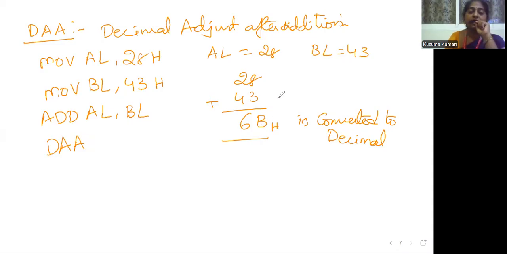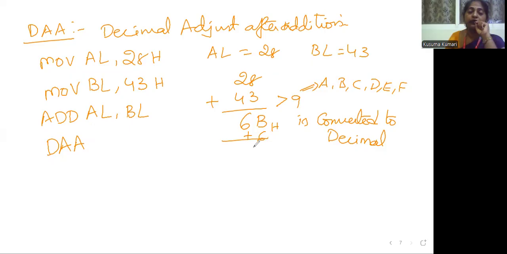If it is greater than 9, that means A, B, C, D, E, F. Here the lowest position number is greater than 9, so it will add 6.